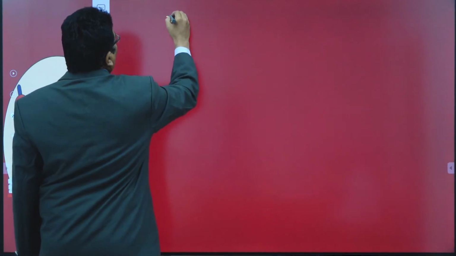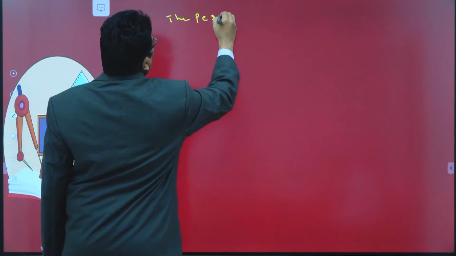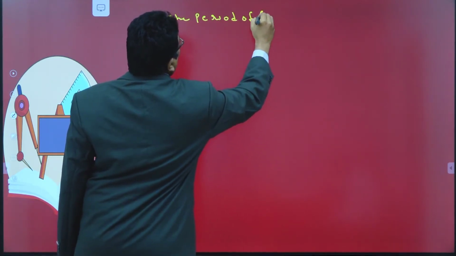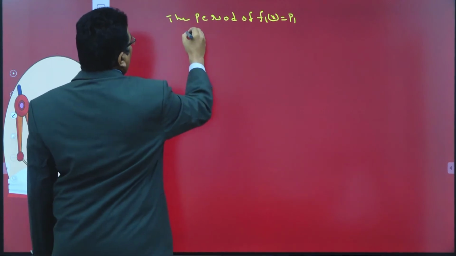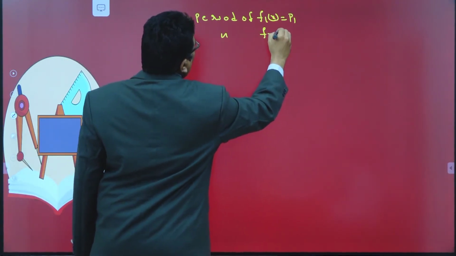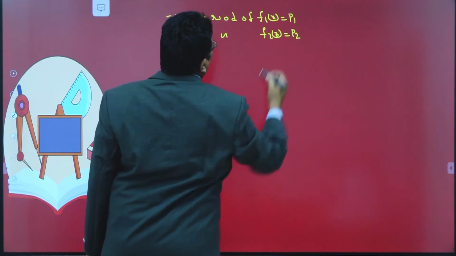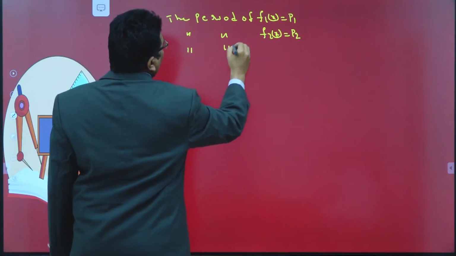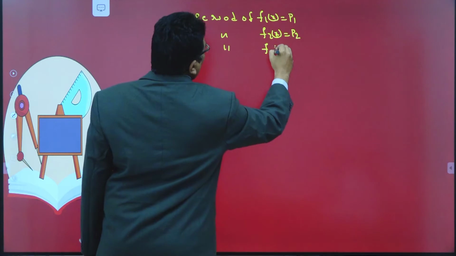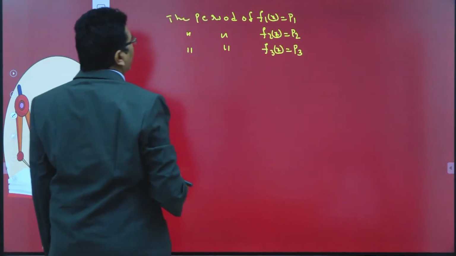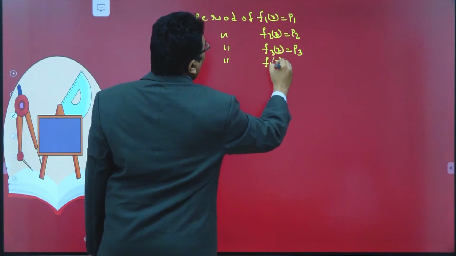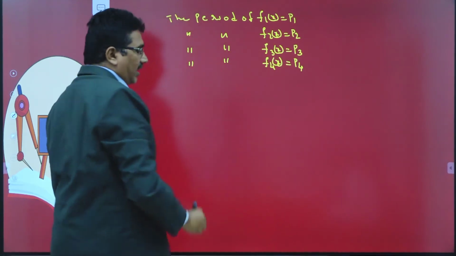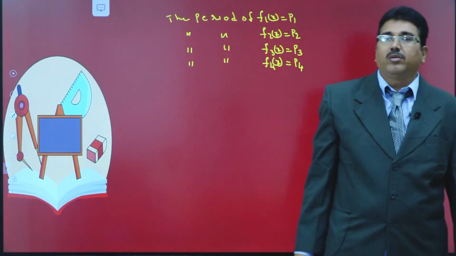First find the period of the individual functions. Suppose the period of f1 of x is p1, the period of f2 of x is p2, the period of f3 of x is p3, and the period of f4 of x is p4.